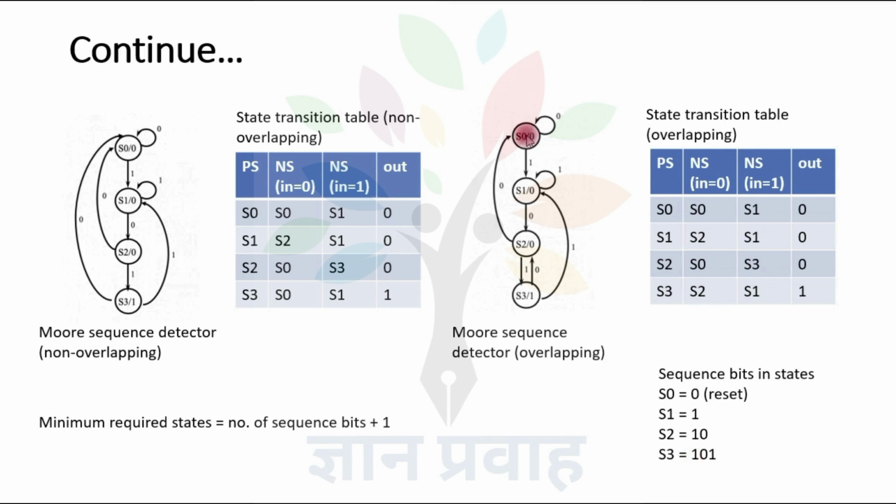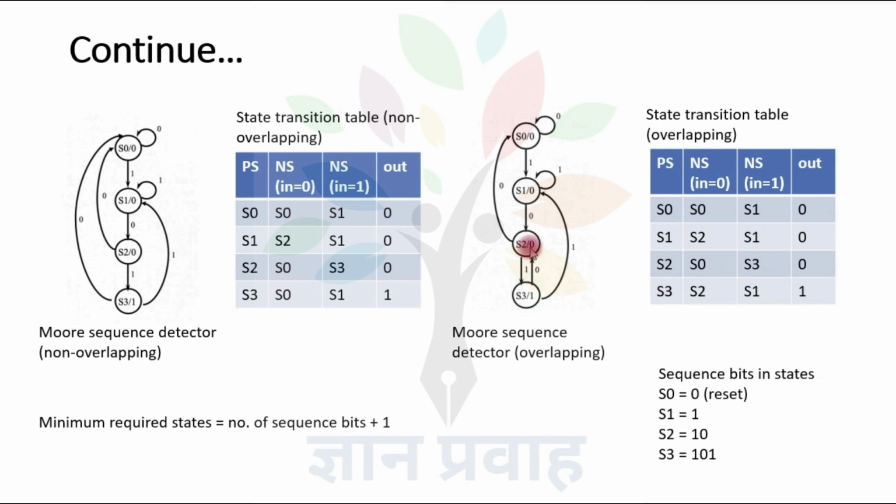At state S0, when we receive input bit 0, the state remains the same. When we receive input bit 1, we move to the next state, that is the S1 state. At state S1, when the input bit is at logic 1, the state remains the same. Otherwise, we move to the next state, that is the S2 state. At S2, when the input bit is at logic 1, then the output is at logic 1 and the state is S3.